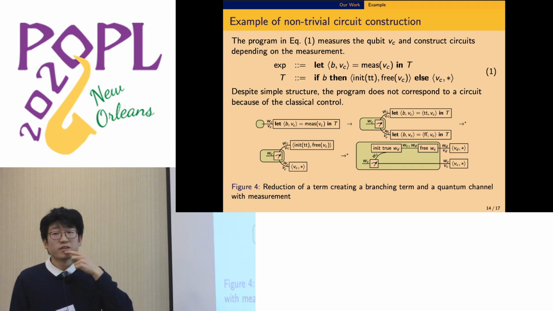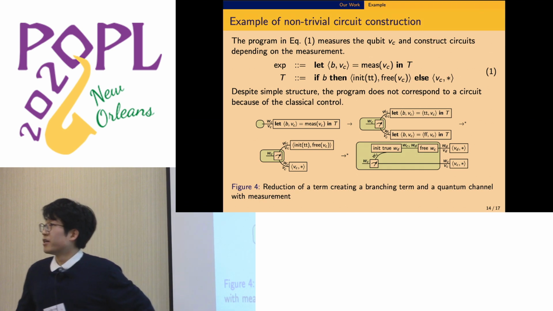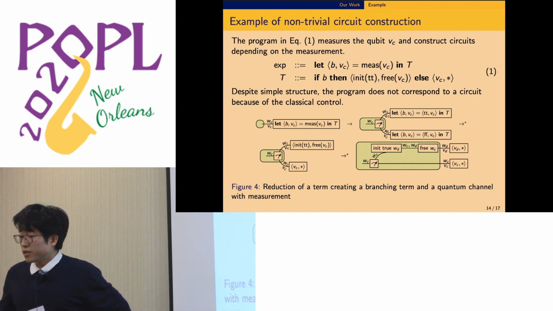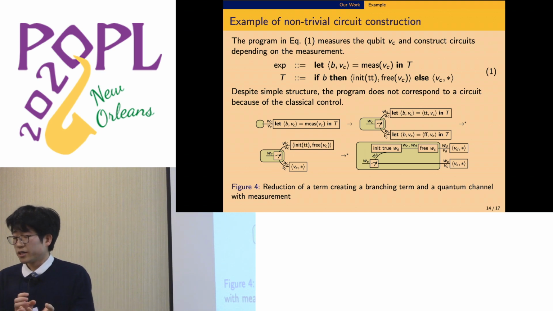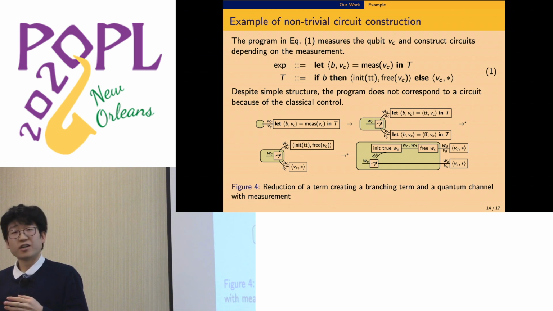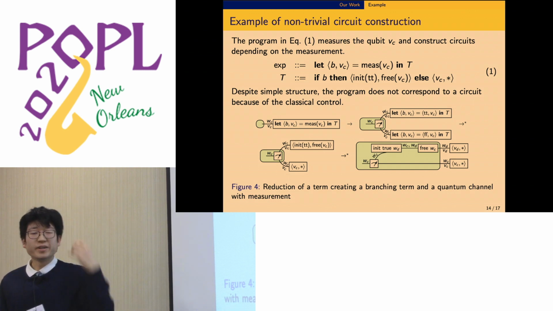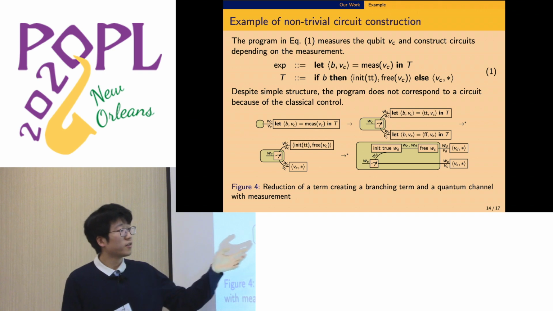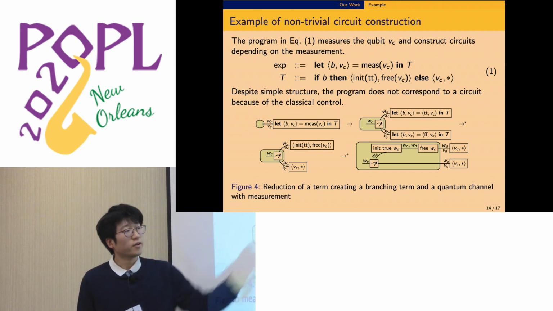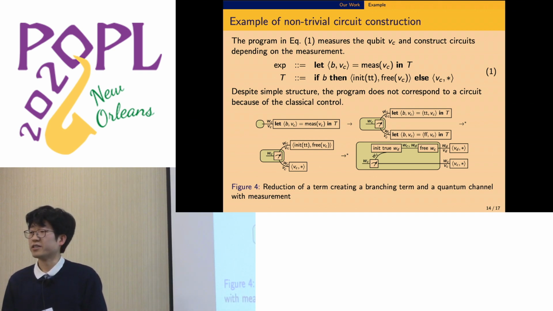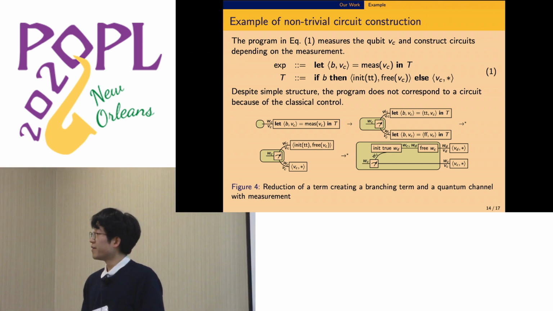When we measure something, it's inside the classical host term in Quipper, and it doesn't reduce to this kind of full configuration, I think.